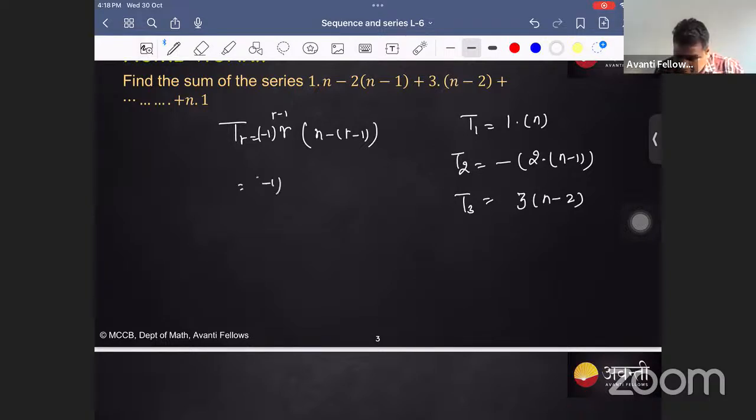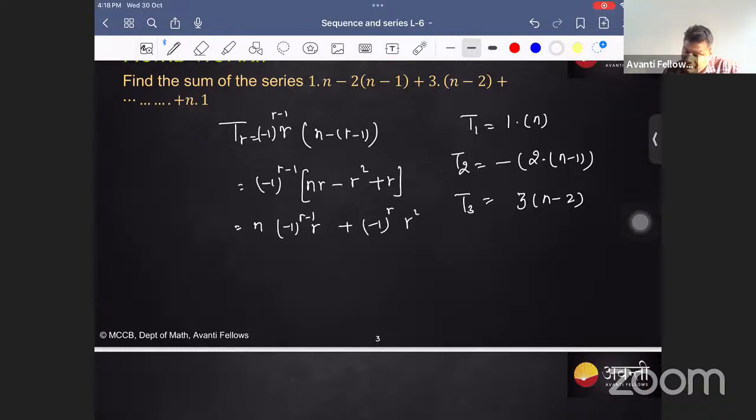So that is minus 1 to the power r minus 1 into nr minus r square plus r. So I can write it as n times minus 1 to the power r minus 1 into r, plus minus 1 to the power r into r square, and minus 1 to the power r minus 1 into r.